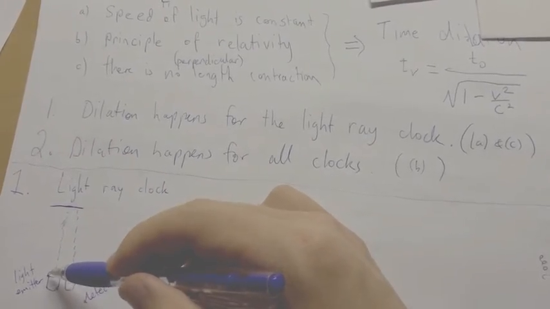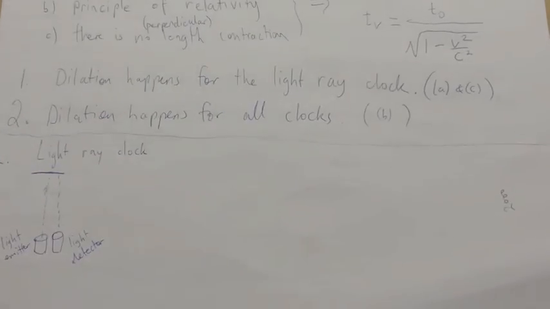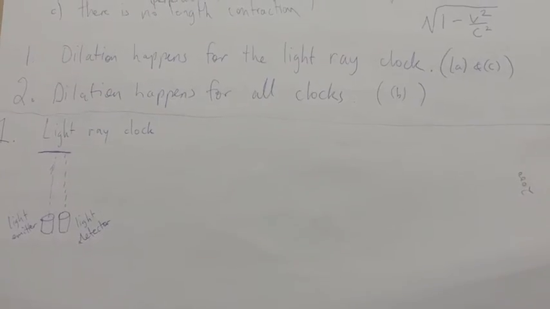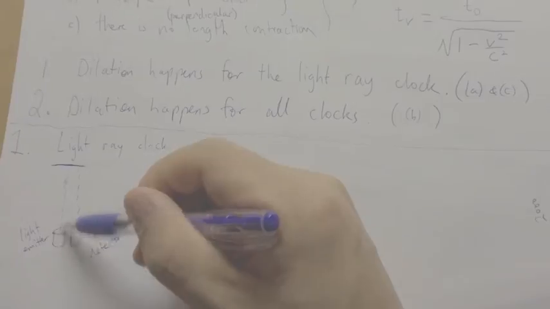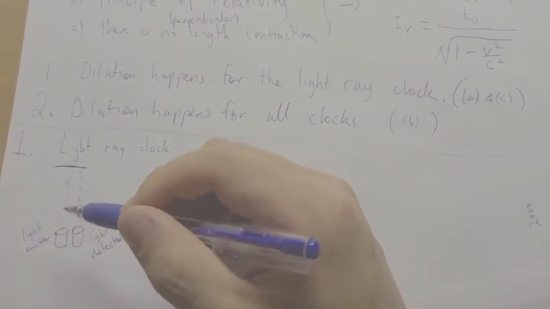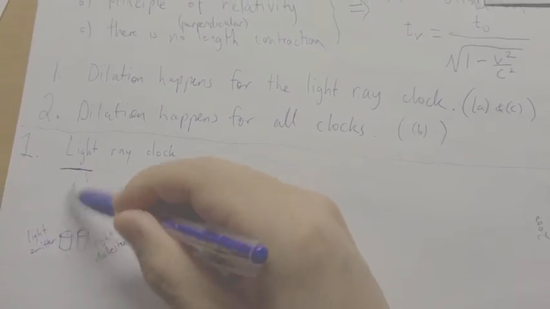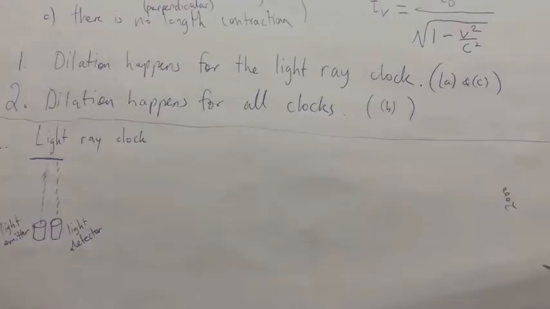So 1 unit of time is the light going up then back. Okay, so that's a really simple clock. You know, something takes a long time if there's a lot of return trips of light pulses, and it's a very short time if there's only a few return trips of light pulses. So that's what a light ray clock is.